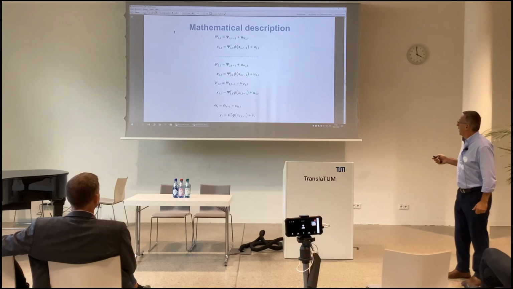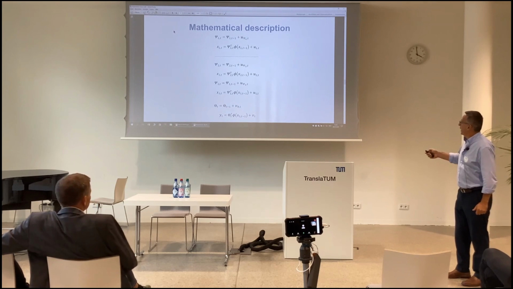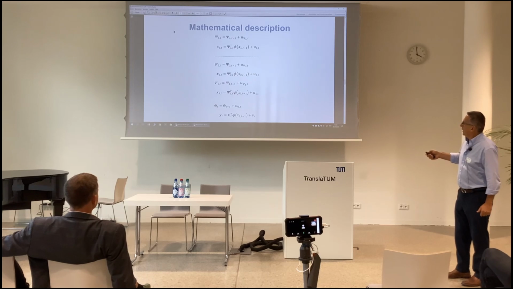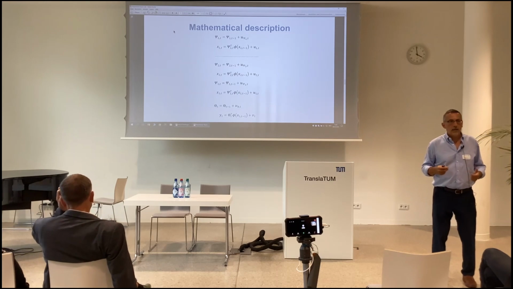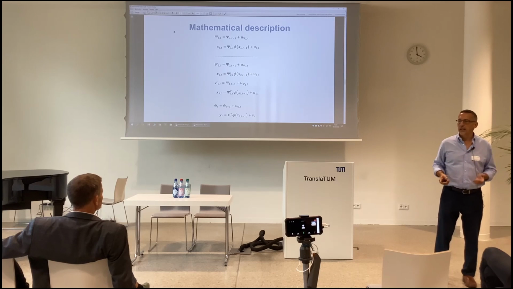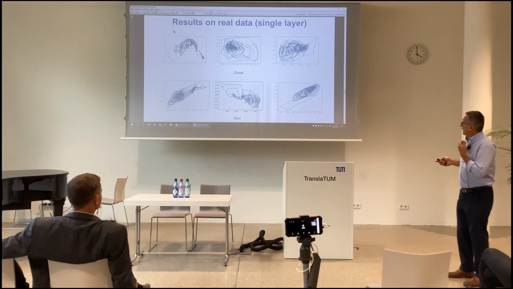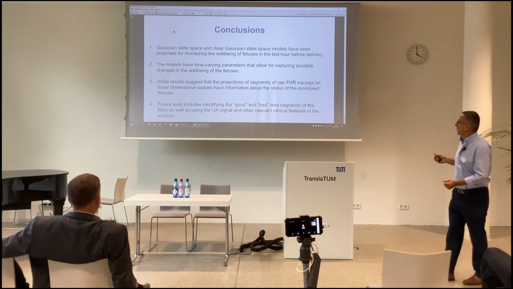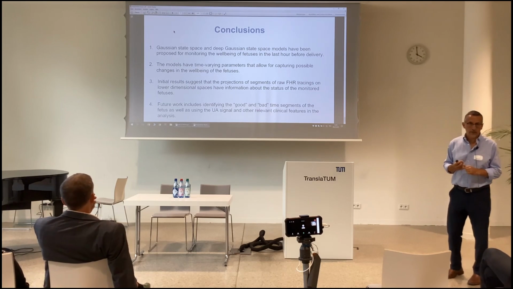Here. These parameters are time-varying. See this peak? They change with time. And this method has a very good way of how quickly it forgets what was good at some point and is not good anymore. So they're time varying, and this would allow us to capture the possibilities of changes in the well-being of the fetuses.